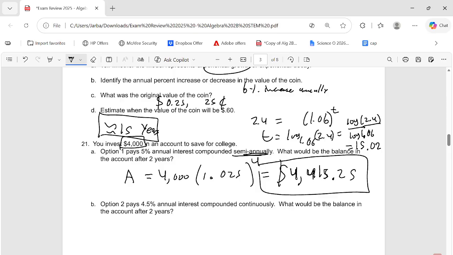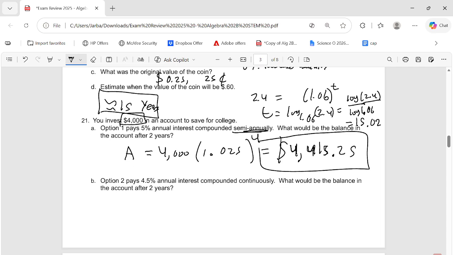Okay, now for the second part, we're talking about annual interest compounding continuously. After 2 years, we want to find the balance. And this time, instead of 5% annual interest, we have 4.5%. So our amount is going to be our principal, 4,000, times, because it's continuous, a base of e to the rt, our rate times our time.